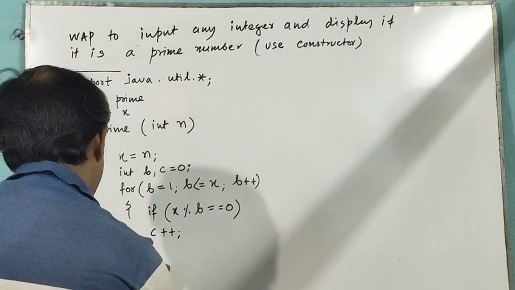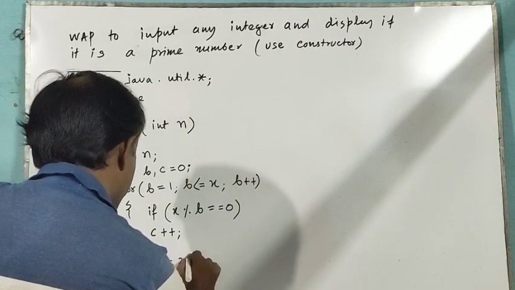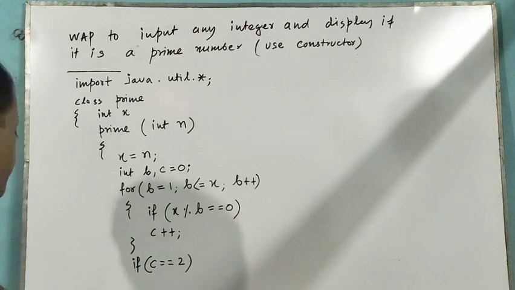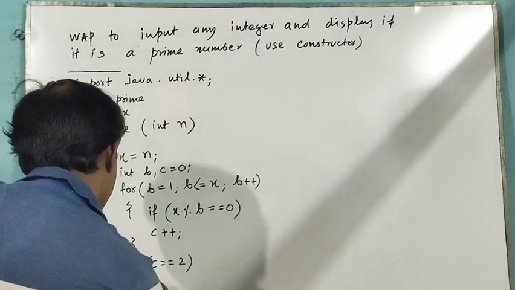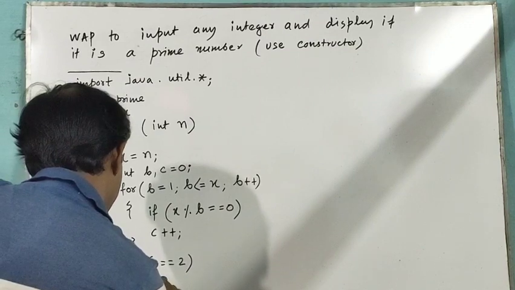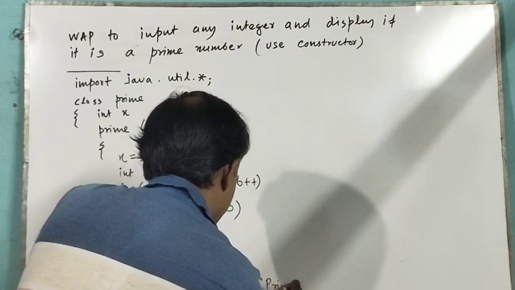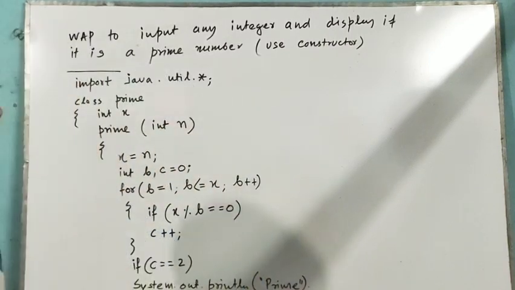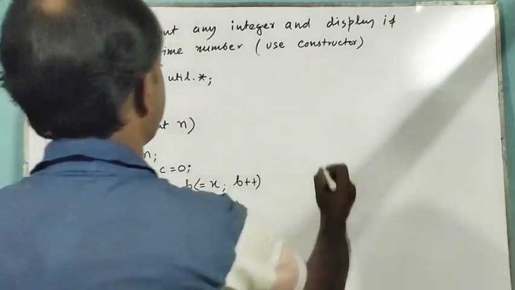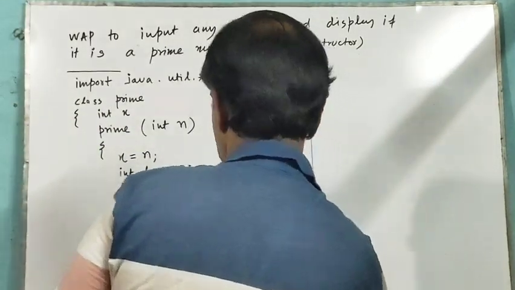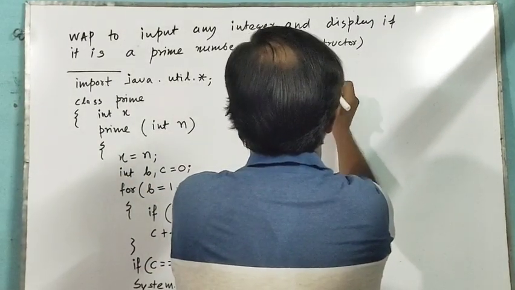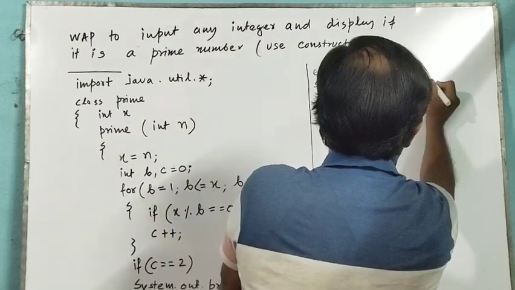If the value of c is 2, that means x is divisible exactly twice, so x is a prime number. So when c equals 2, we can display prime. That means the number x which we have checked is a prime number. Else, otherwise, if c is not 2, we can display not prime.